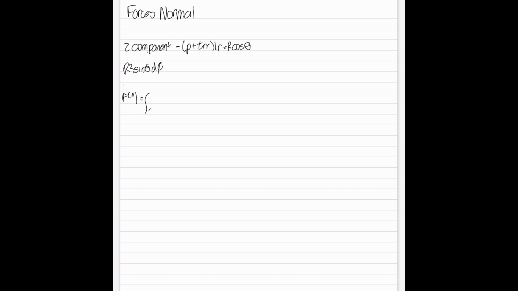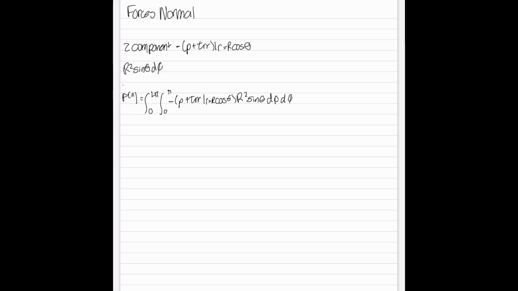So our normal force will equal the integration from 0 to 2 pi, 0 to pi of negative p plus the shear stress tensor RR at r equals R, cosine theta sine theta d phi.